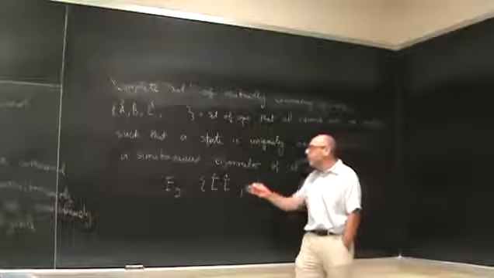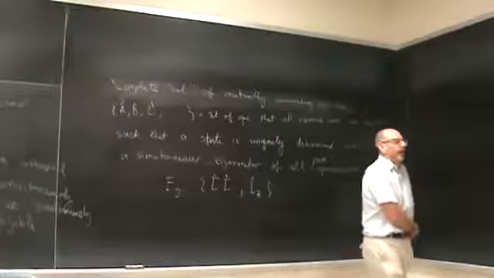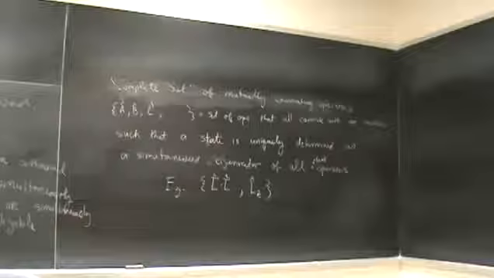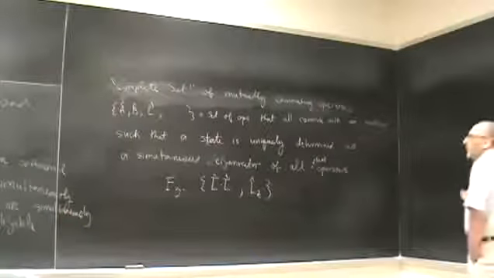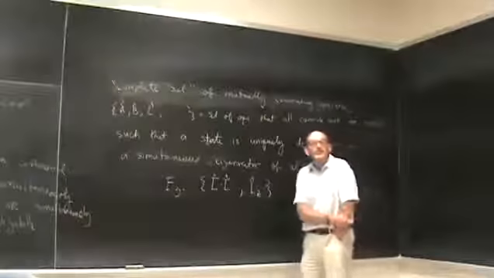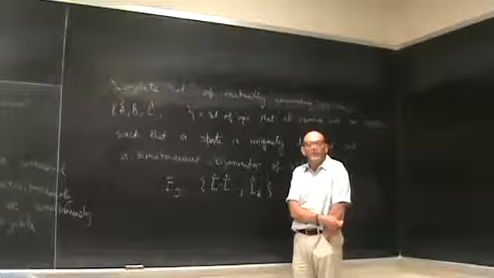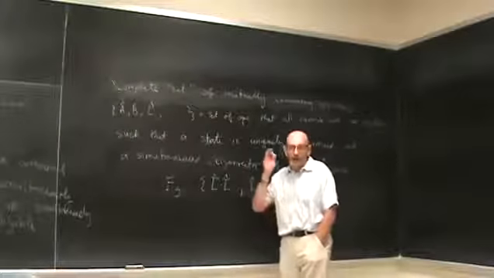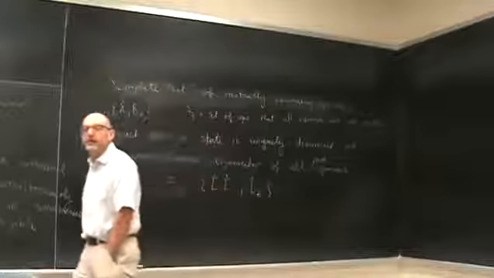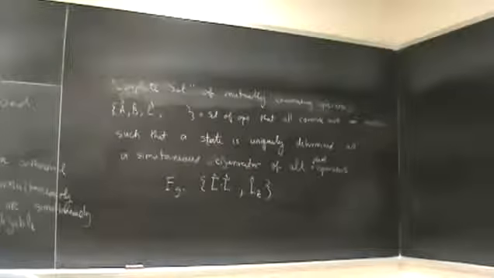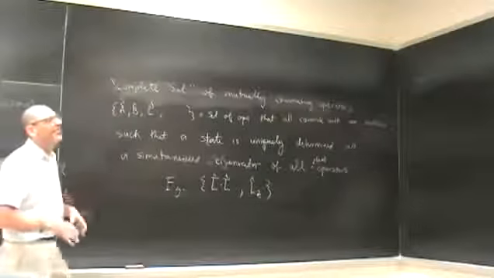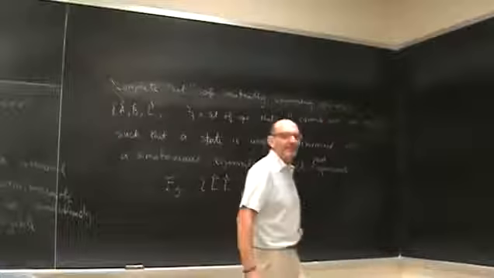If I just told you one of those operators, and I said find its eigenvectors, that won't tell me uniquely what the state is because of degeneracies. But by specifying both of these, I'm guaranteed there's only one state. And that concept will be important when we put the hooks on this abstract theory back into physics.